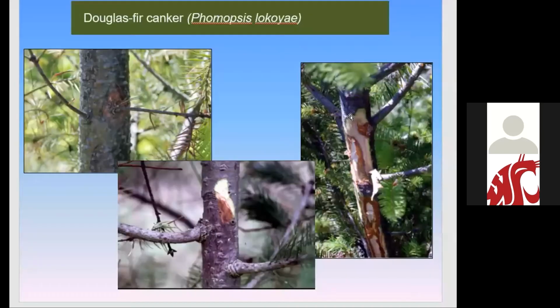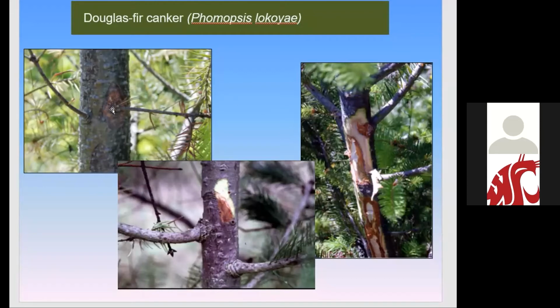And a good example of that would be what we see here, which is a canker on Douglas fir caused by Phomopsis. And fungi in this genus are generally considered weakly pathogenic. And by that, they're frequently only able to infect twigs and branches that are injured by frost or drought.